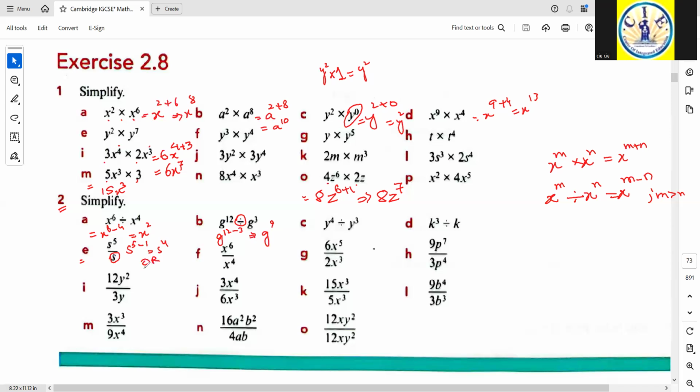Or we can understand it in a way that s raised to power 5 means s being multiplied with itself 5 times. And in the denominator, we have got 1 s. So we can cancel 1 s and we are left with 4 s in the numerator. So that means s raised to power 4.